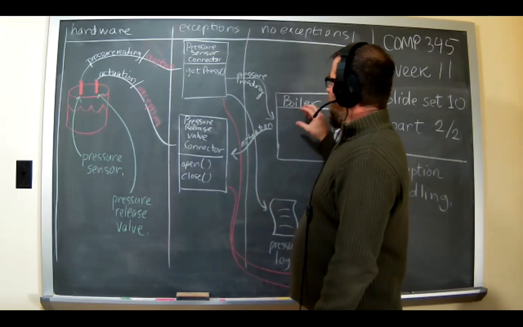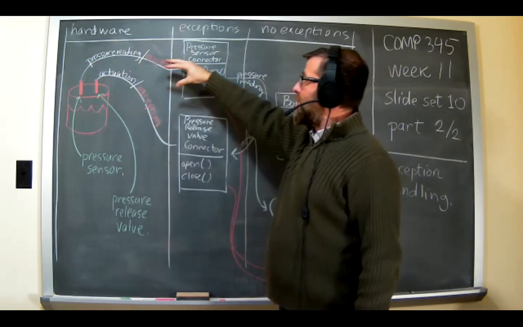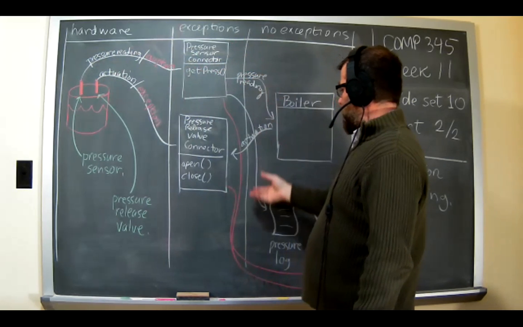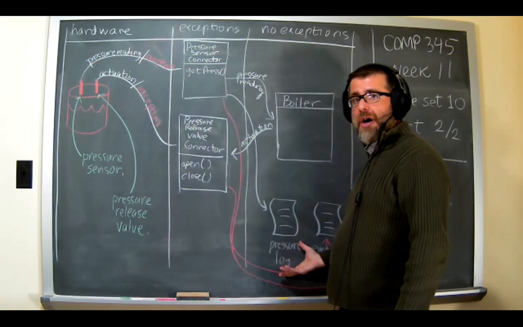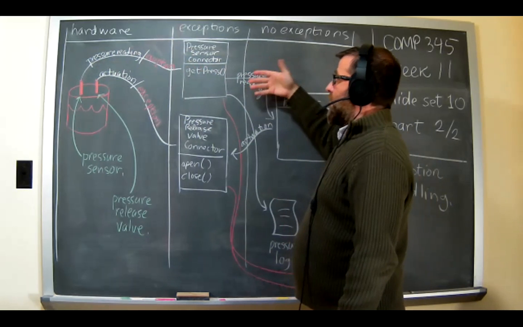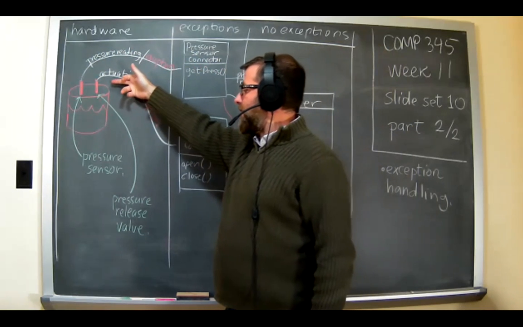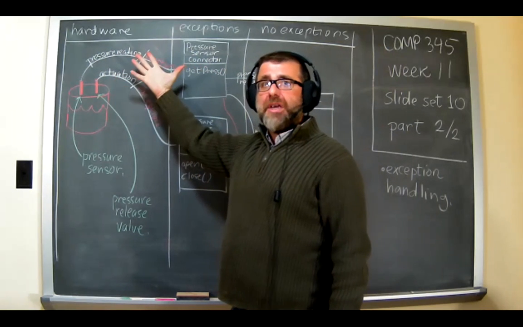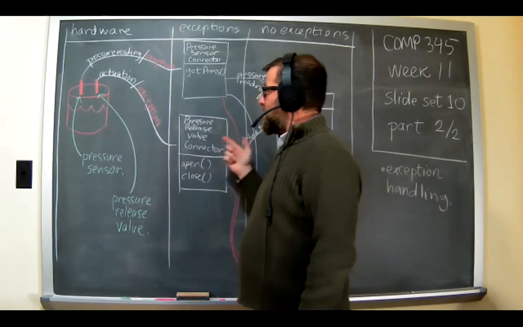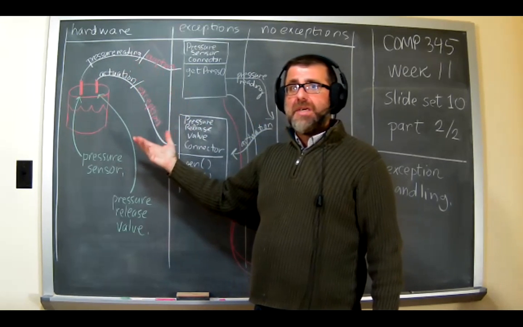Okay. So as it, for example, asks the pressure sensor what the pressure is, when the pressure sensor gets the answer, it will write this into a pressure log file. If the pressure goes over a certain level, then the boiler is going to tell the actuator, the pressure release valve, to open. Then it's also possible that if the valve is stuck, it will throw an exception.